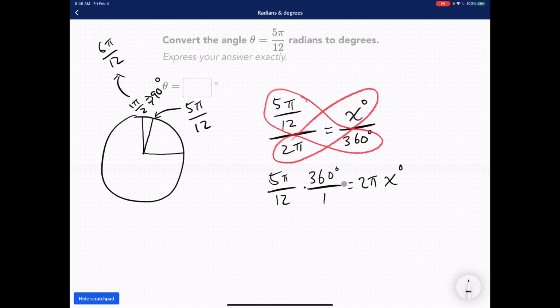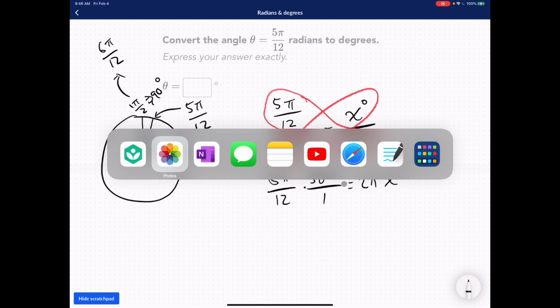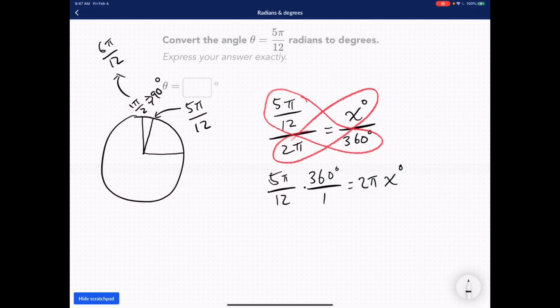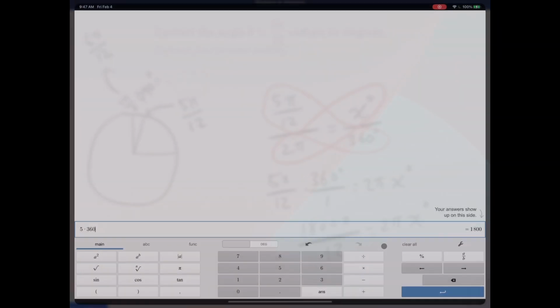So 5 times 360, what is 5 times 360? 5 times 360 is equal to 1,800. So 1,800 pi over 12 times 1, which is 12, is equal to 2 pi x degrees, okay?